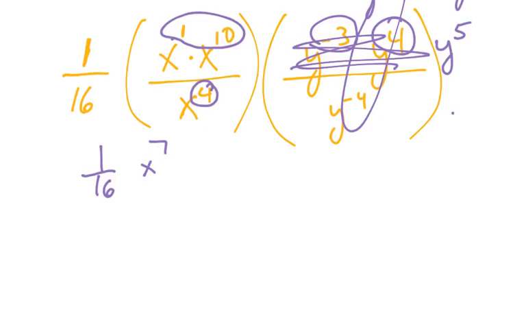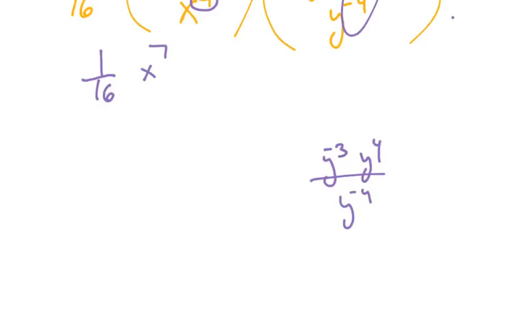Now, if you don't like that, then you can also simply switch the positions. This was y to the negative 3, y to the 4 over y to the negative 4. So if that bothers you, you can just go ahead and switch the positions of these first two, right? So it'd be y to the 4th, y to the 4th, and then y cubed on the bottom.